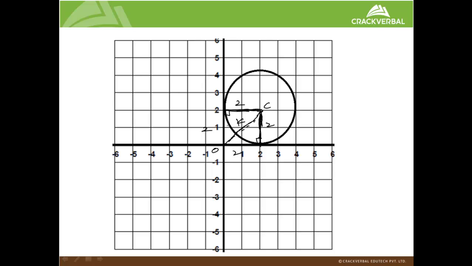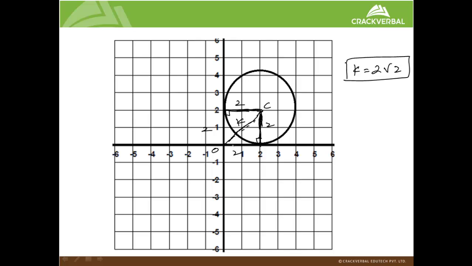So if it is a square and the side of the square is 2, the radius of the circle is also 2. In that case, the distance from the origin to the center of the circle would be k, which is 2 root 2, right?